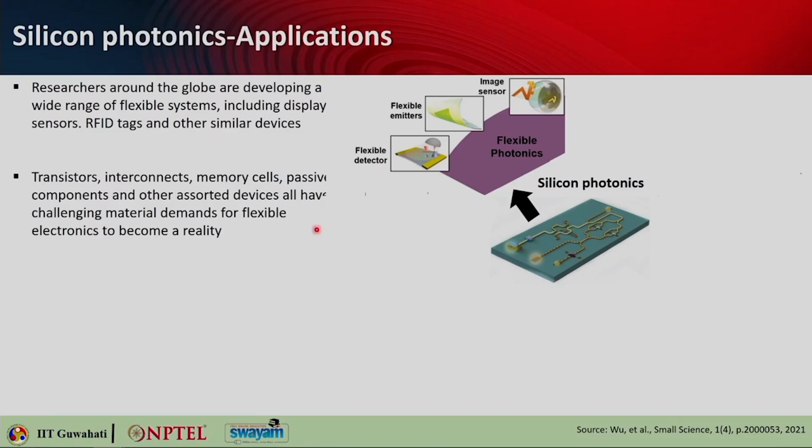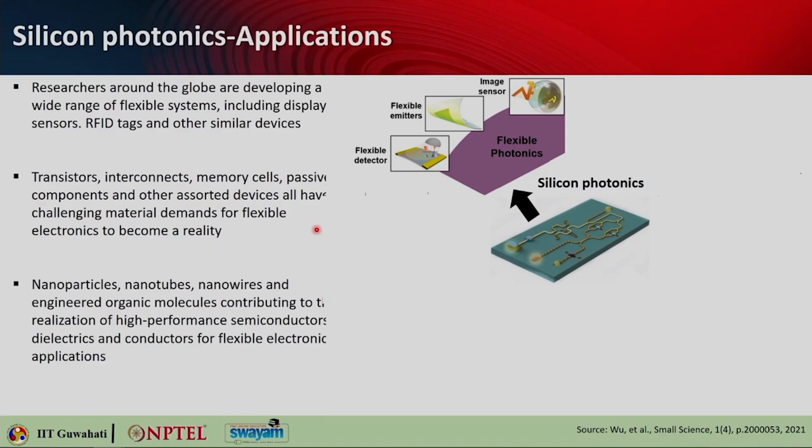So transistors, interconnects, memory cells, passive components and other assorted devices will have challenging material demands for flexible electronics to become a reality. Nanoparticles, nanotubes, nanowires and engineered organic molecules are contributing towards the realization of high performance semiconductors, dielectrics and conductors for flexible electronics applications.